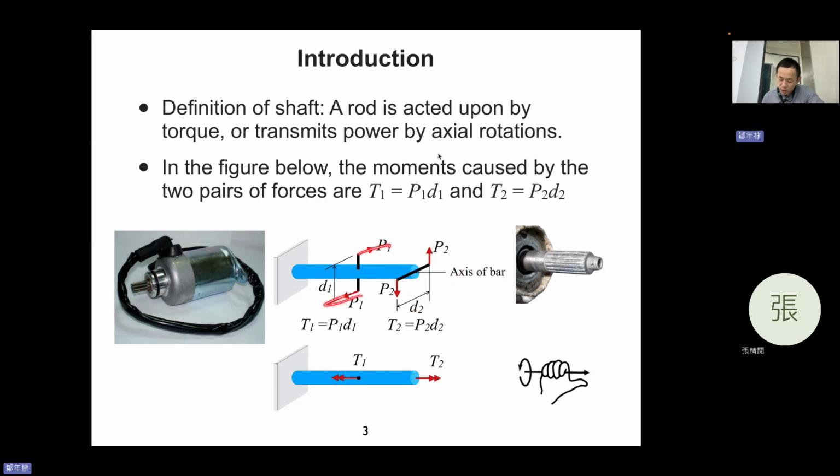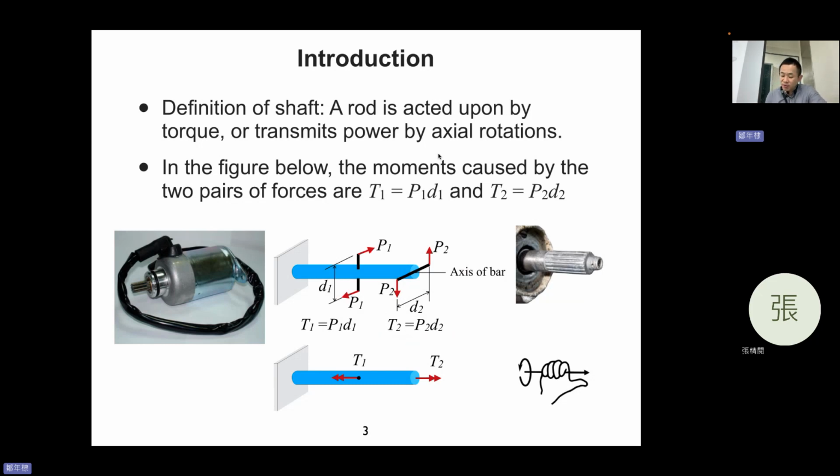And with P1, you can have a torsion like that. So you can say T1 is equal to P1 times D1, where D1 is the force arm between them. T2 equals P2 D2.